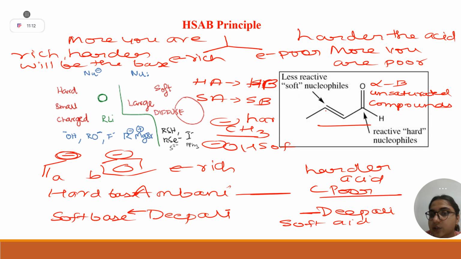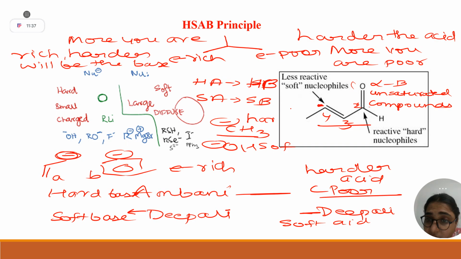there are two centers to react. One is this 1 4 position. Why 1 4? Because if you number 1, 2, 3, 4. If an external nucleophile is attacking this position, it will be 1 4 attack. If that external nucleophile attacks on the second position, it will be 1 2 attack.